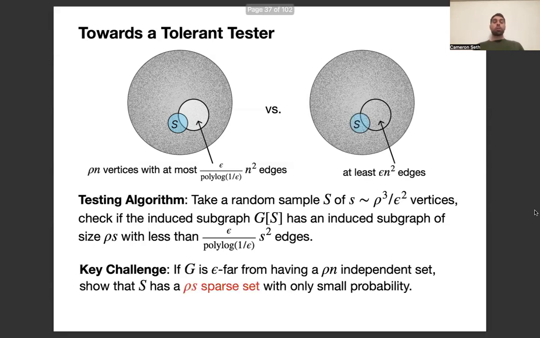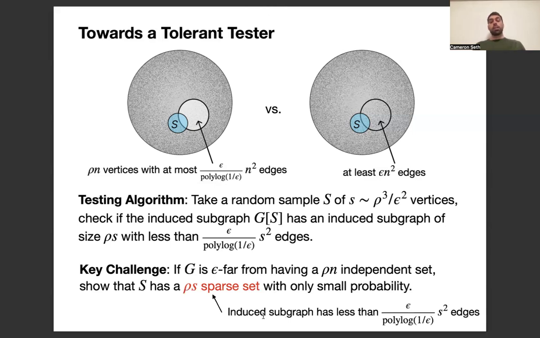This time we want to show that if our graph is epsilon far from having a rho n independent set, then the sample not only doesn't find an independent set, but it doesn't find a sparse set, or in other words, it finds a sparse set with only small probability. Here I'm using the phrasing sparse set to mean that the induced subgraph has a small number of edges.